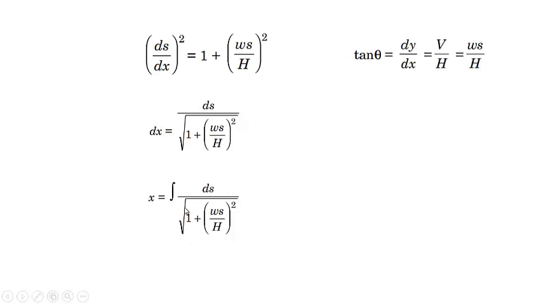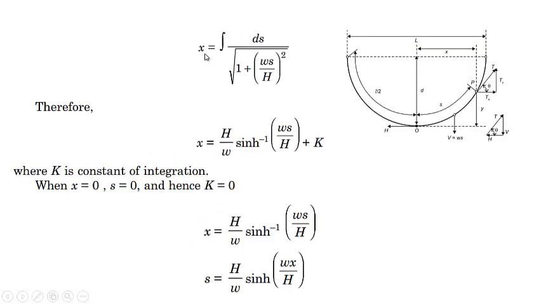Now we'll integrate this. When we integrate the right hand side, we get x is equal to h by w sine hyperbolic inverse ws by h plus k. Because if we had minus over here, it would have been h by w sine inverse only, there would not be the hyperbolic term. But since it is plus over here, the formula is sine hyperbolic inverse ws by h.